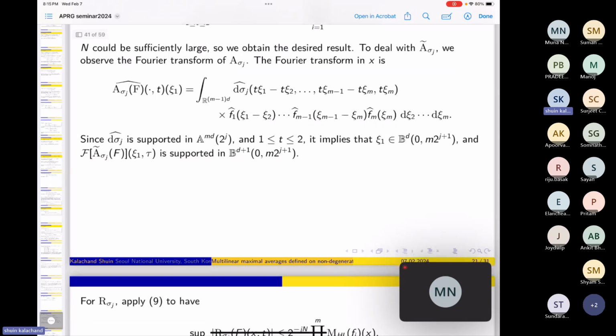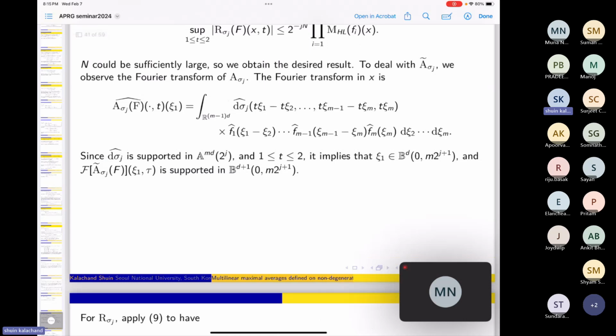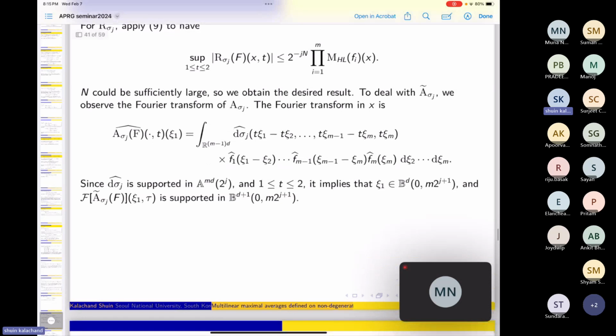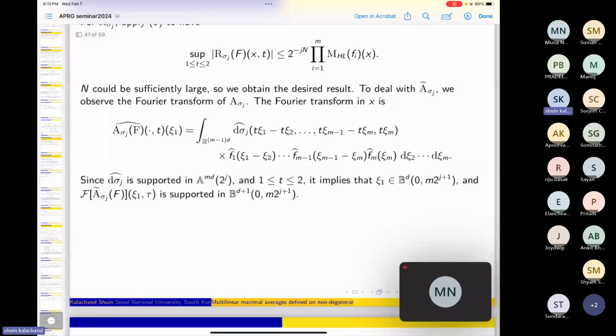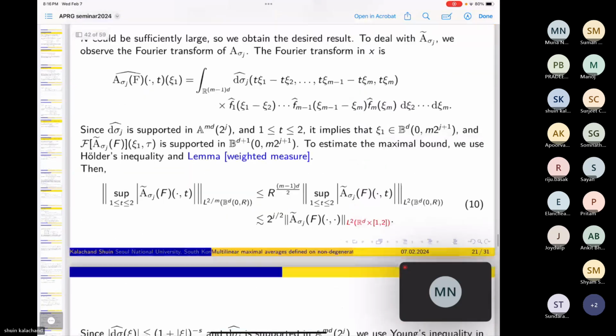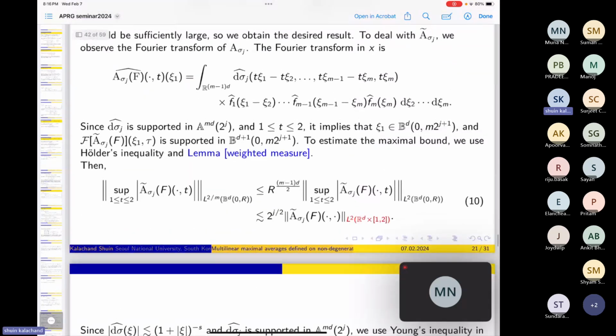Therefore, the support of the space-time Fourier transform of A sigma j hat is contained inside this d plus 1 dimensional ball of radius m times 2 to the power j plus 1. So now we can invoke the lemma which we proved earlier.